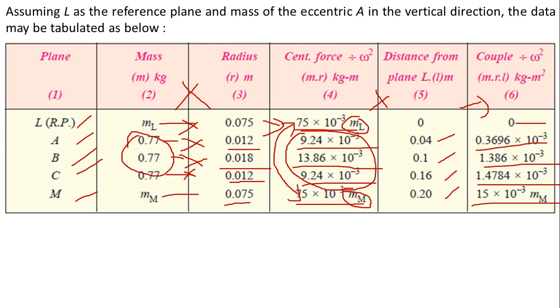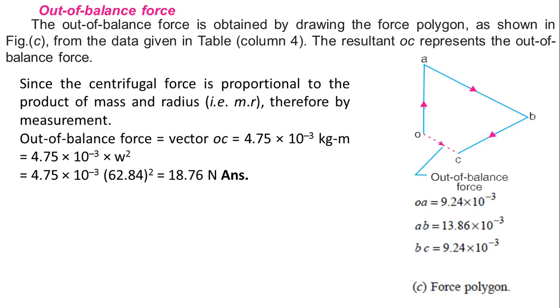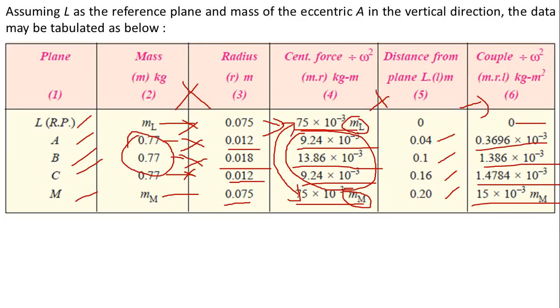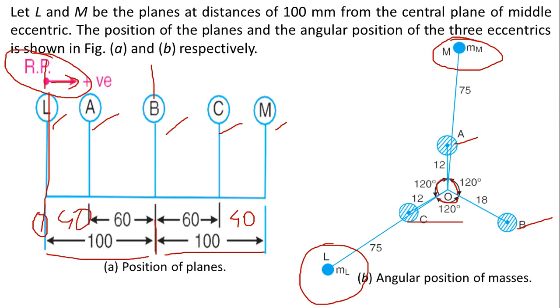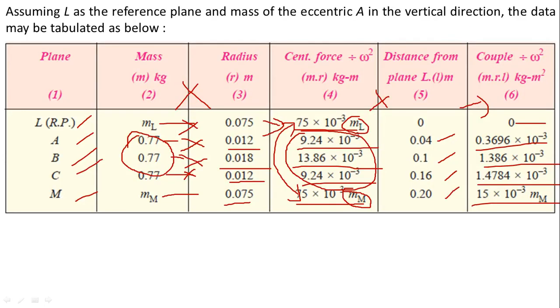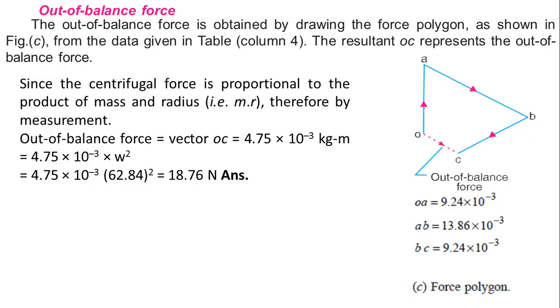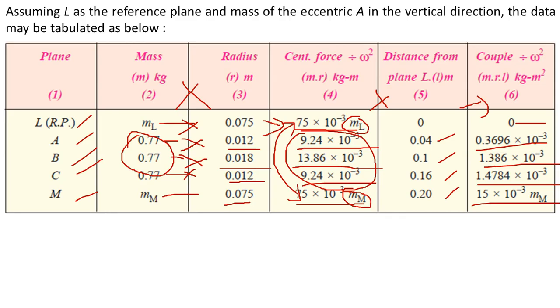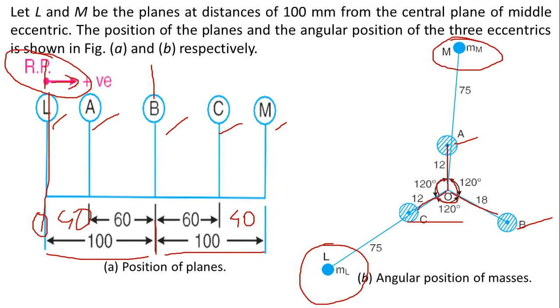So with the given values, let us first solve it. A is 9.24, B is 13.86 and C is 9.24, and you know the angular positions, 120 degrees. We start from the initial position A, which is a vertical line.